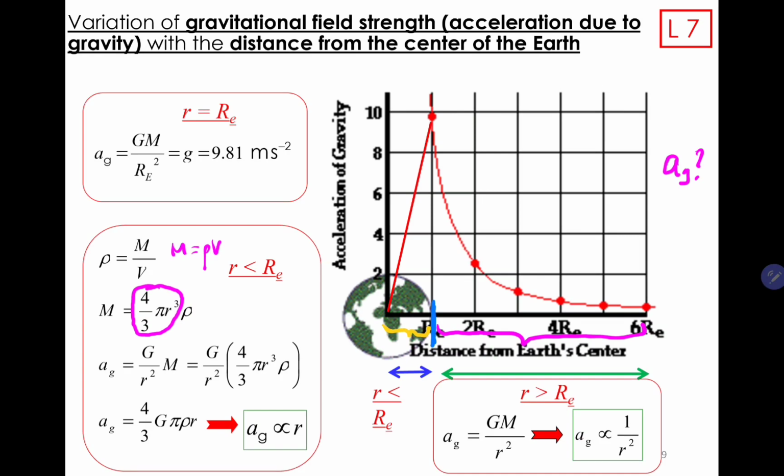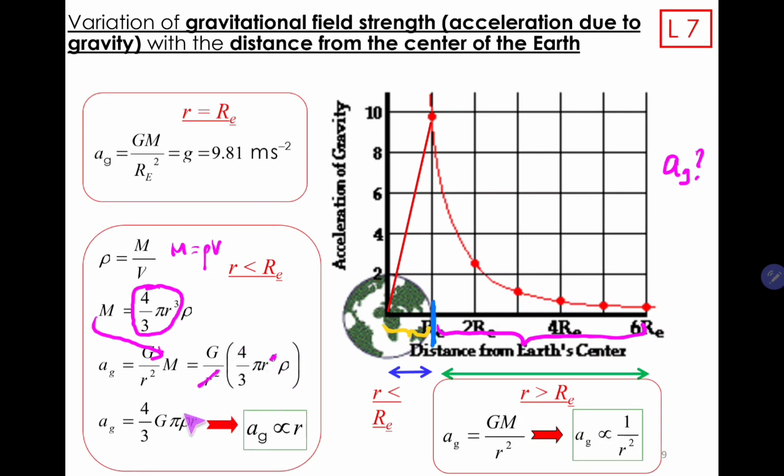From this, the equation Ag equals GM over r squared, we just substitute this M into the equation. Then you get G over r squared times 4/3 pi r cubed rho. In this case, r squared and r cubed cancel each other, giving you r only.